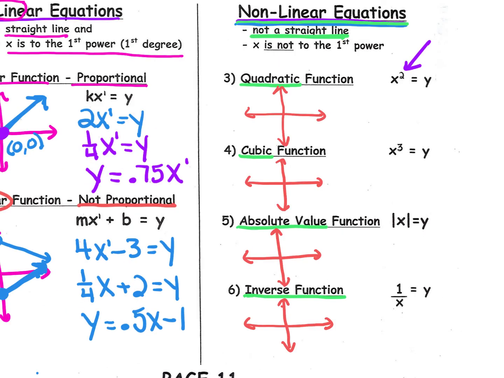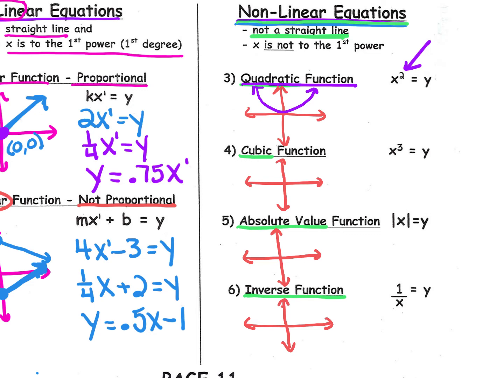Let's start with a quadratic function. When you graph a quadratic, it will look something like this. A curved or cup shaped, known as a parabola. Please draw that in your notes. And when you see the equation for this particular function, x will be to the second power, and that will be the highest power in the equation.